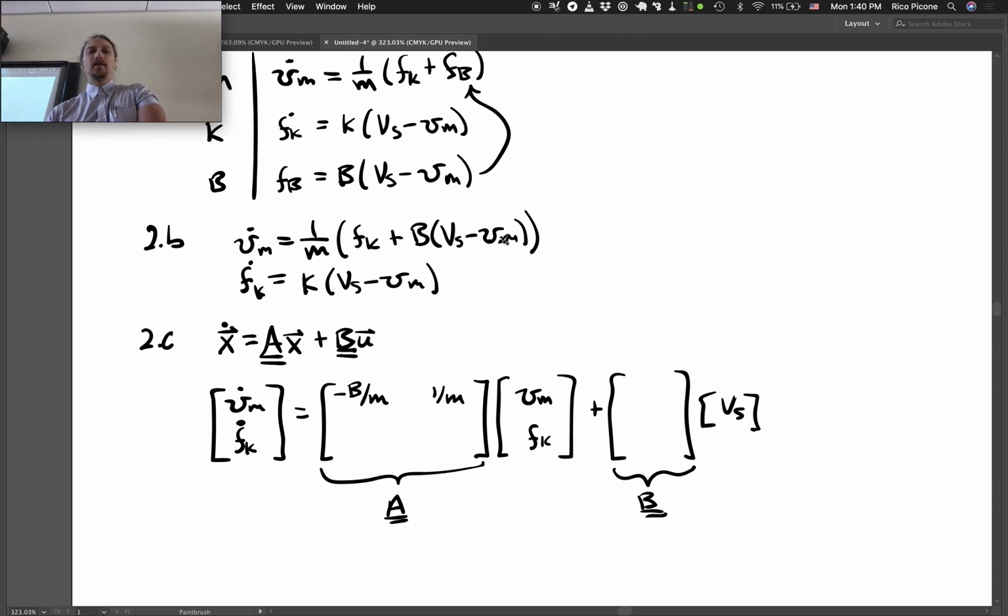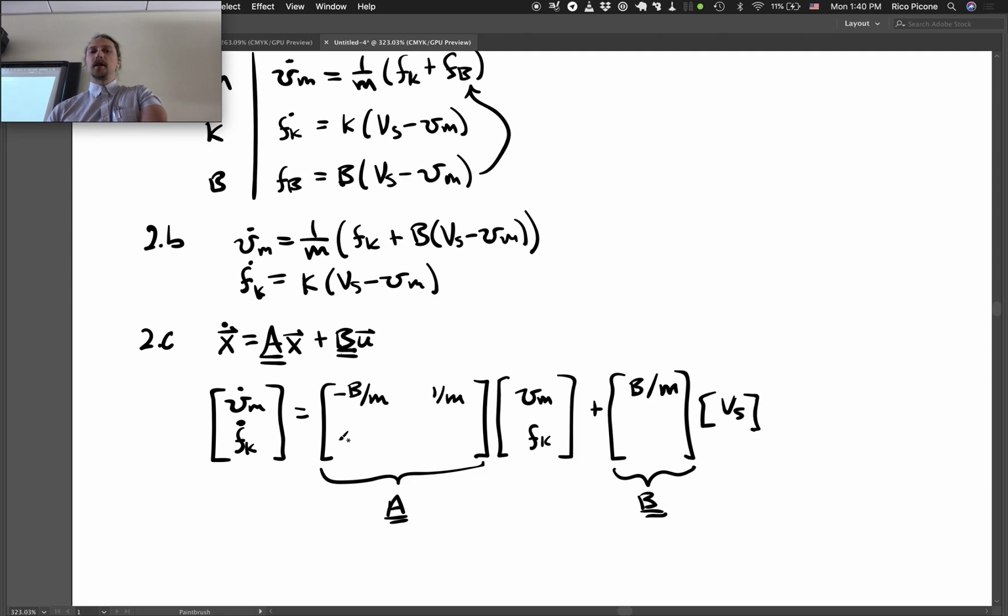We've got the Vs coefficient is b over m. Very good. The next equation is the Fk equation. So Fk dot equals something times m.